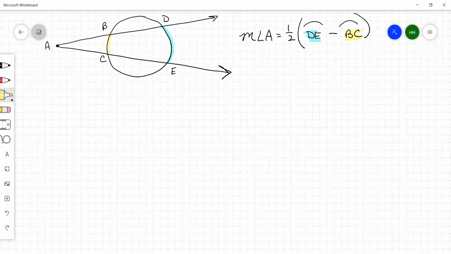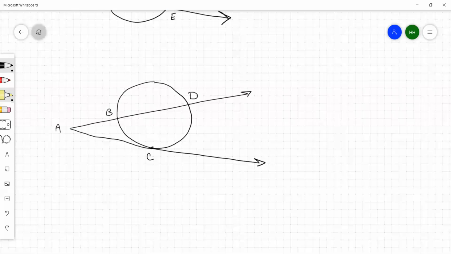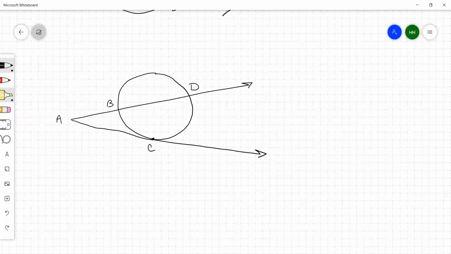Second situation. Now you've got a circle, and you've got a secant and a tangent. The rule's the same.